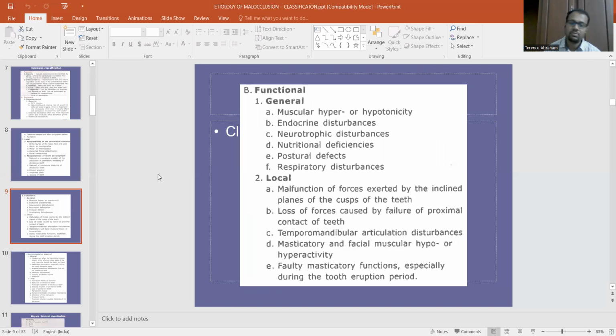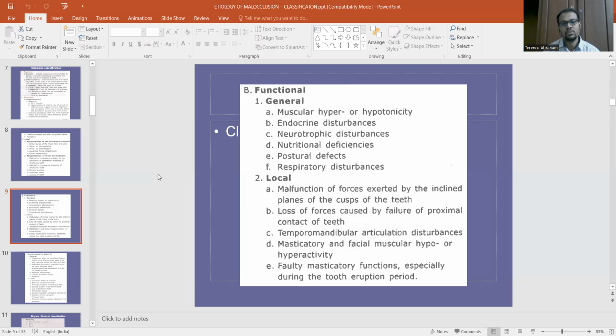Then coming to the functional factors. Functional factors consist of general and local. In functional factors, general mainly is abnormal muscle activity, that is hyper or hypotonicity of the muscles, endocrine disturbance, neural disturbance, nutritional deficiency, postural defects, respiratory disturbances.